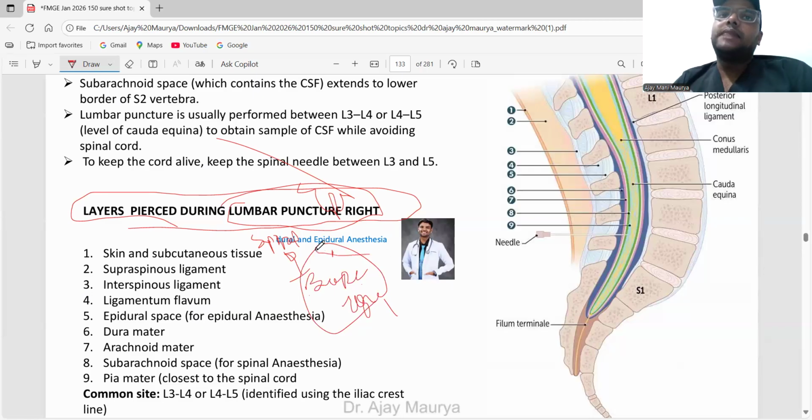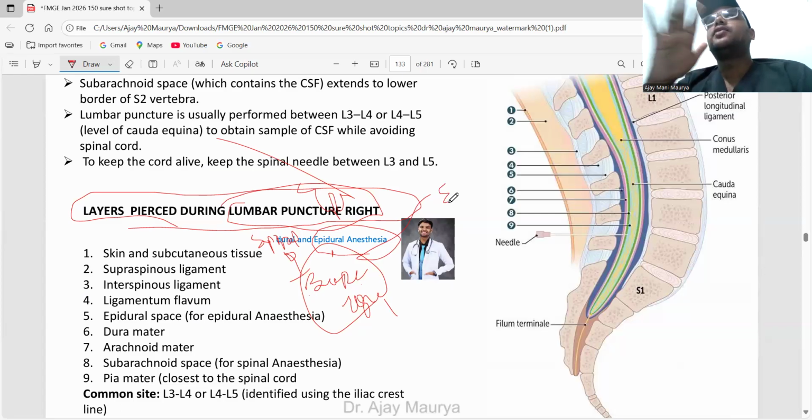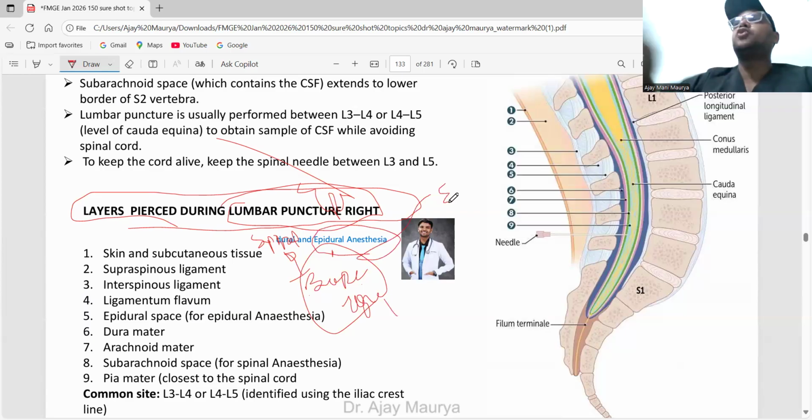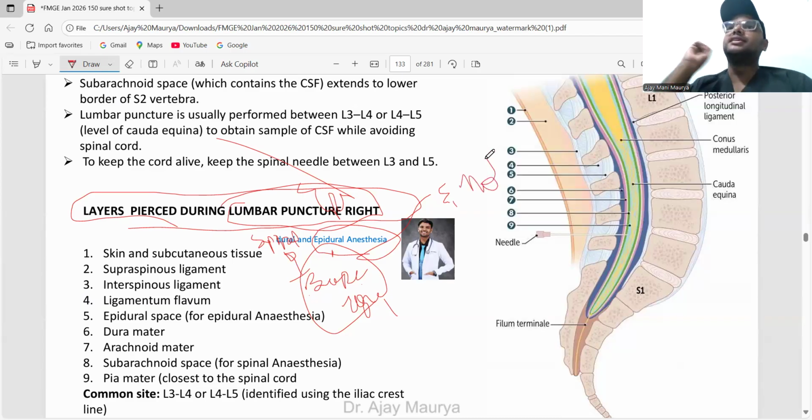When coming to epidural anesthesia, guys, here only sensory function is lost, meaning there is no pain, but motor function is spared.